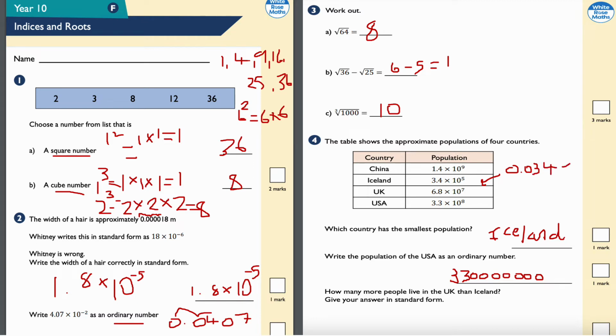And then what I can do is just take this decimal away from this one, because it's the same power of 10 now if we compare it. So when I'm subtracting or adding or finding the difference, what I can do is change it so it has the same power, and then do the numbers.